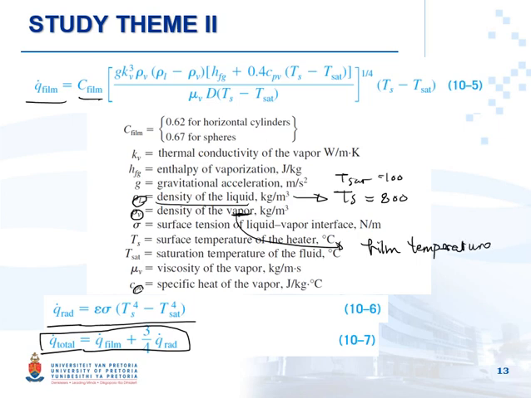What is film temperature? It is equal to Ts plus Tsat divided by 2, the average of the two. But liquid properties, anything related to liquid, need to be read at the liquid temperature, which is the saturation temperature.